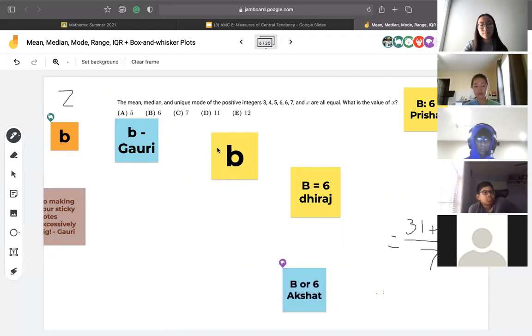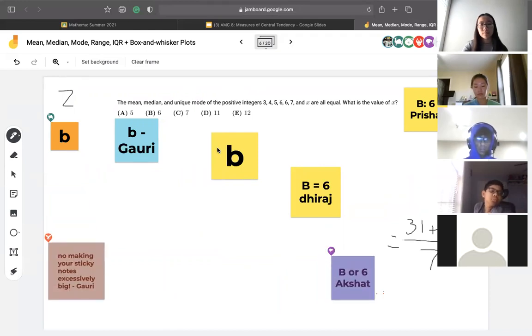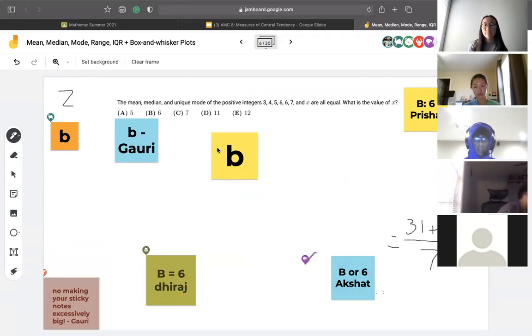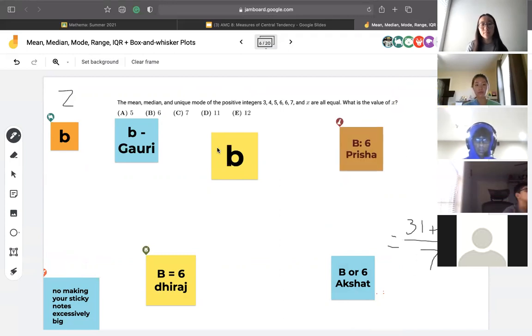So we can look at the mode, and it says the unique mode. So that means that 3, 4, 5, 6, 6, 7, and x are all going to be equal. So that means that x can't be 7 and that our unique mode is going to be 6.